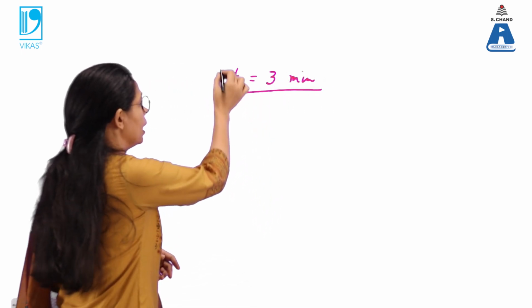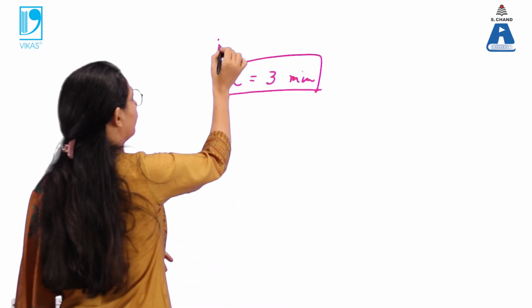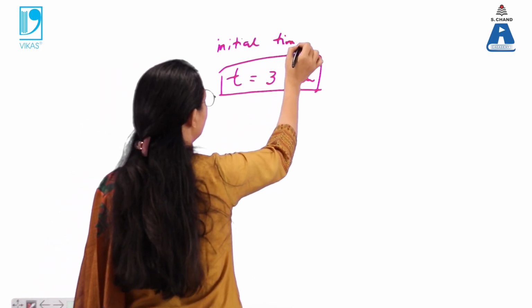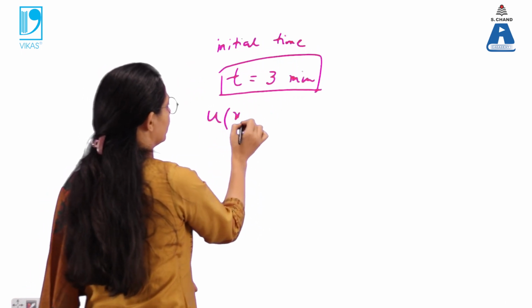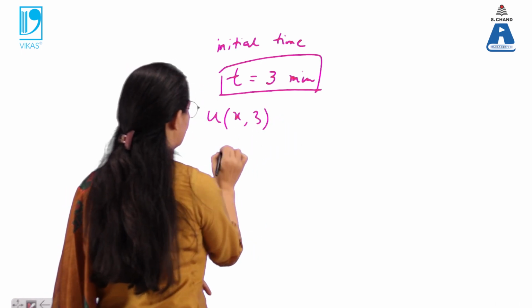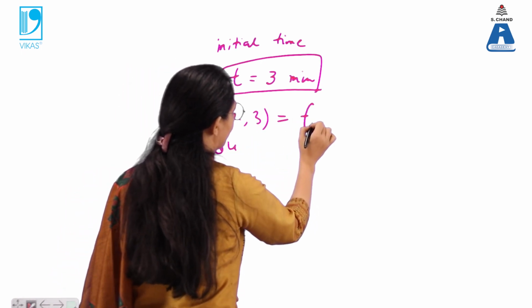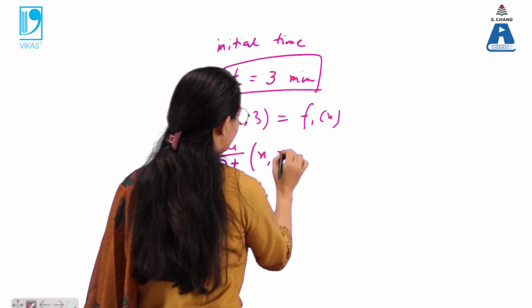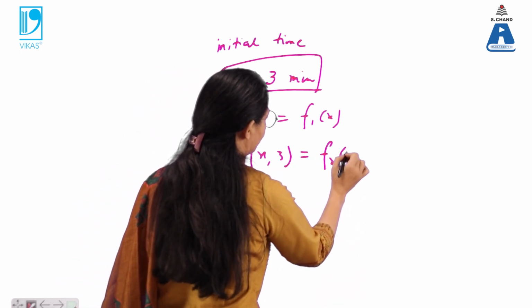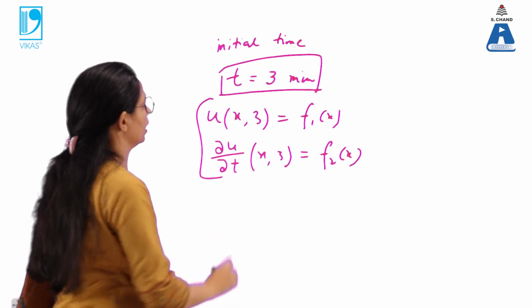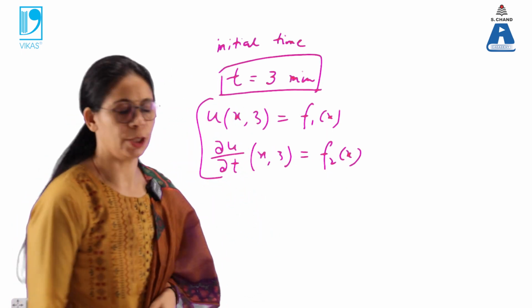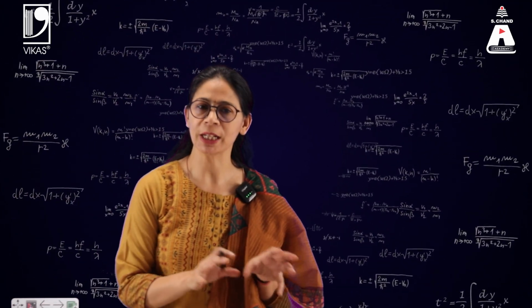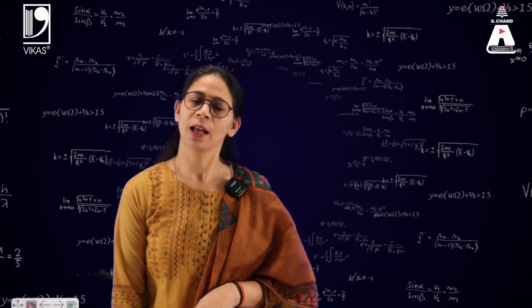Then if this is the initial time from which we would like to observe the change, we need to be given these conditions like this: del u by del x is equal to some function of x, and del u by del t at (x,3) is some function of x. If such kind of conditions are given, they will also be called initial conditions. So that's how we have learned the difference between the boundary conditions and the initial conditions.